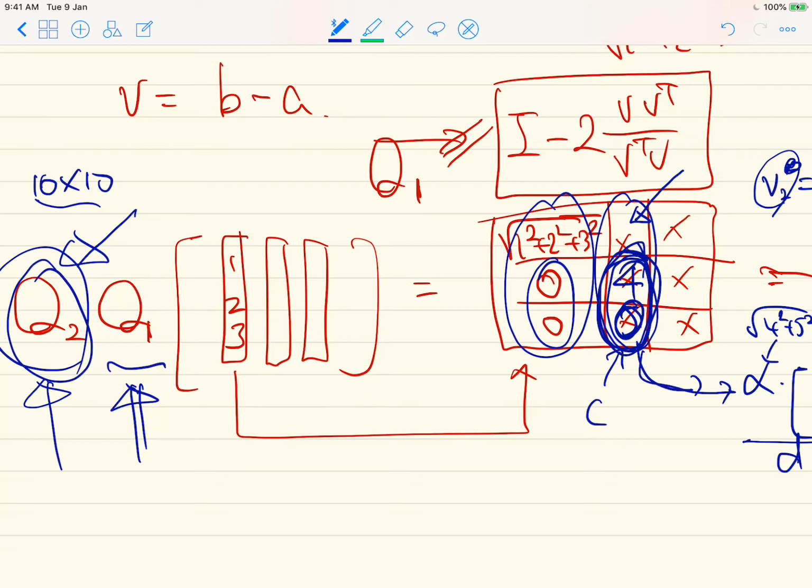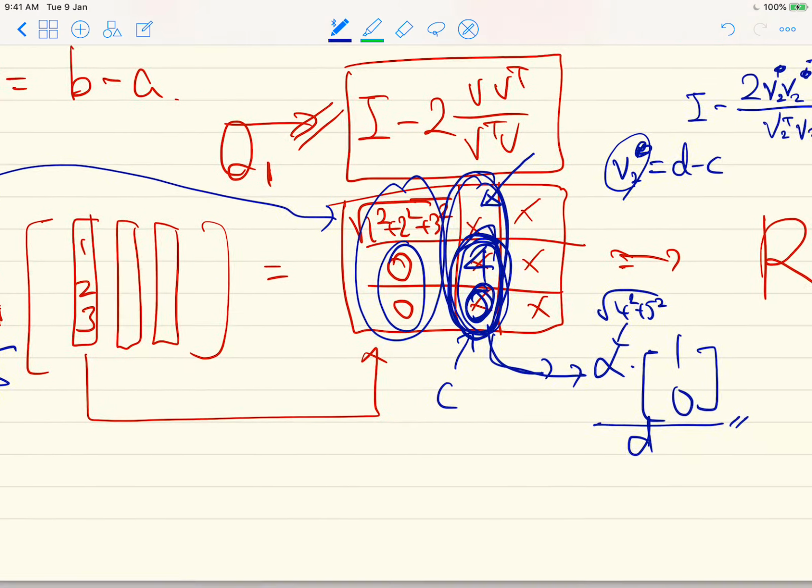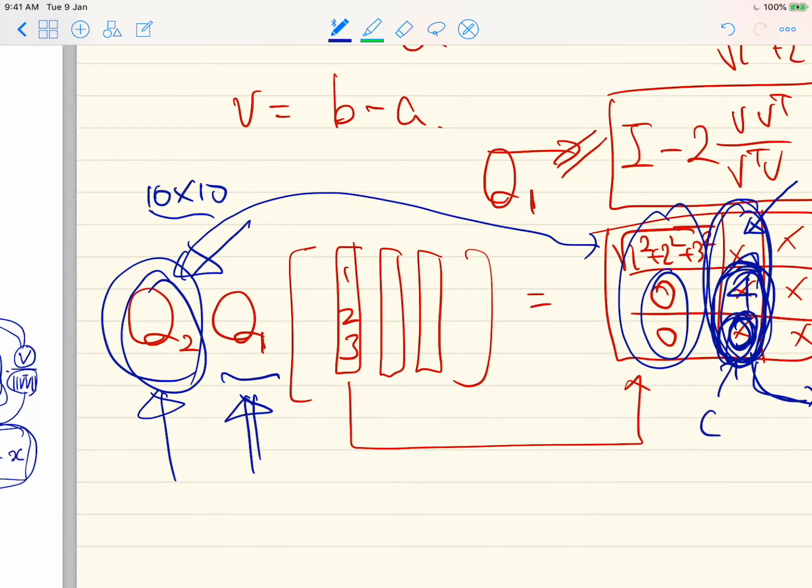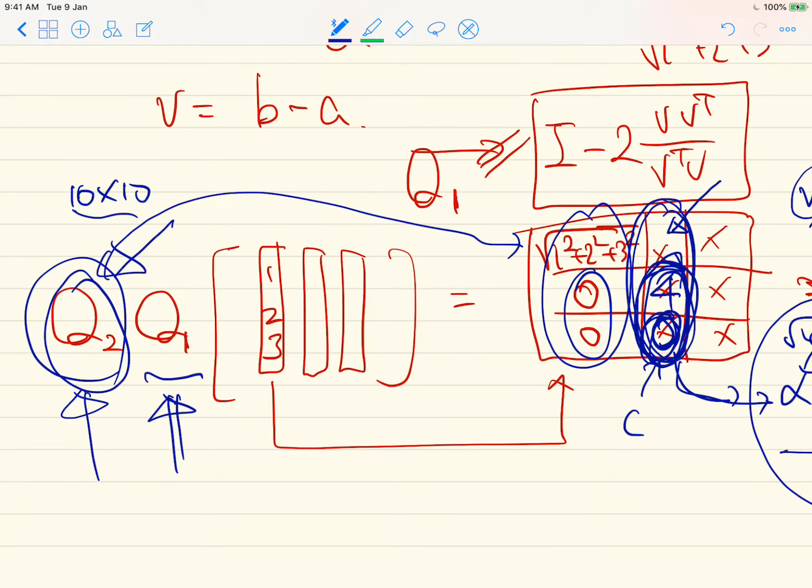this Q2 is actually applied to the first column, right? First column. So how we make this Q2 is to convert this second matrix into this form, right? We want to introduce 0 over here. So that's how we obtain Q2, and this Q2 is still multiplied with the entire matrix, right?